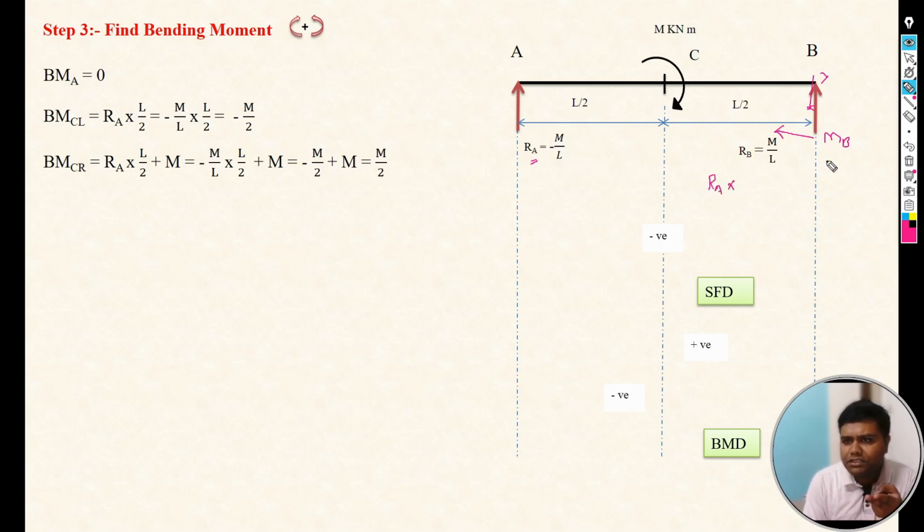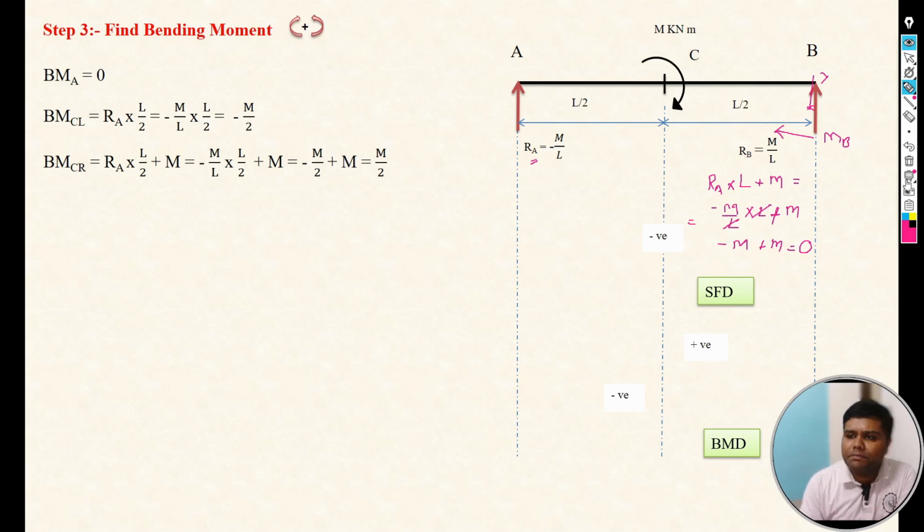The perpendicular distance from the B point is L. It is positive because of clockwise, and similarly the moment is also positive because of clockwise. Now we'll see what happens. RA is minus M by L, into L plus M. L will get cancelled, and the remaining term is minus M plus M, which is equal to 0.